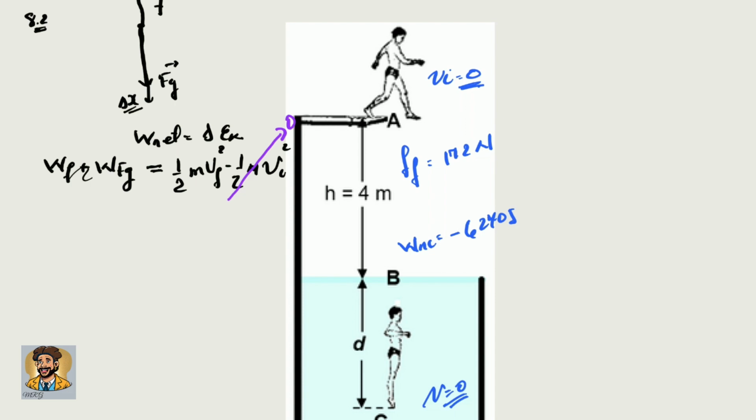Okay, now if we substitute here, we have two options. We can calculate each force separately, or we can substitute in the same formula. It's entirely up to you, but they are not difficult, so we can substitute it here.